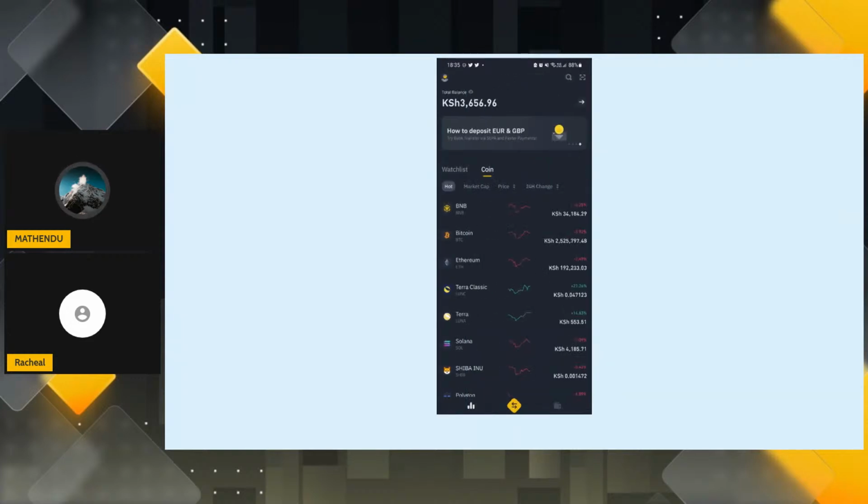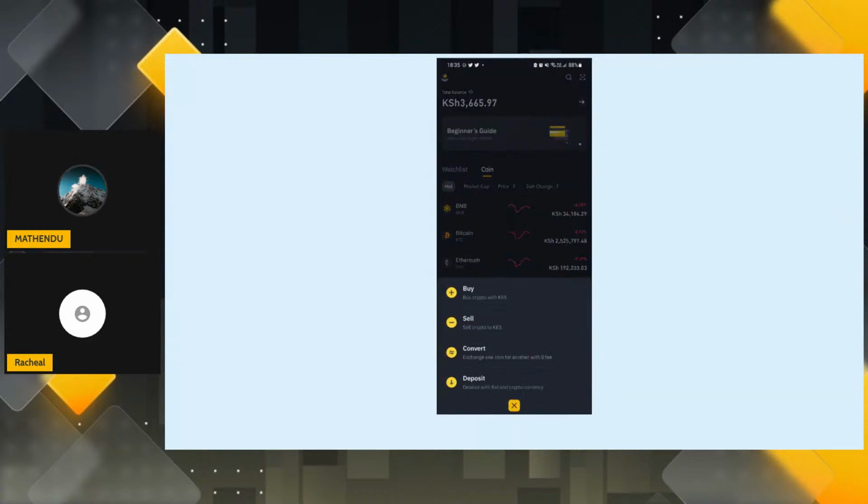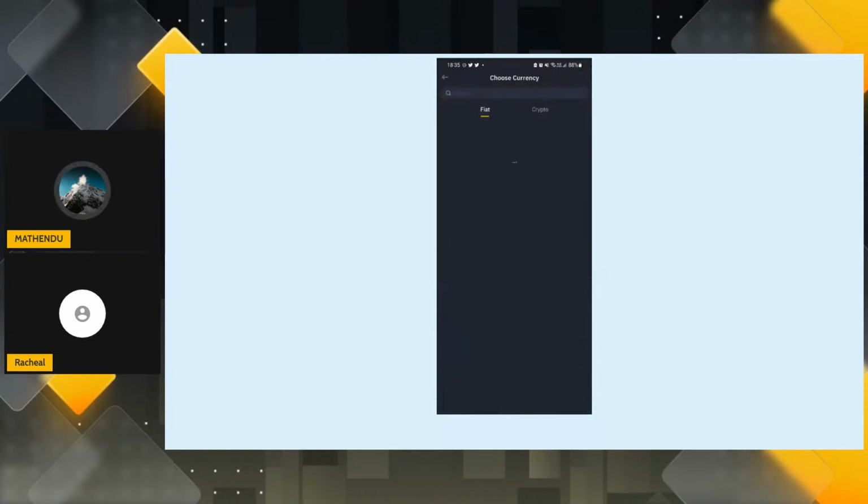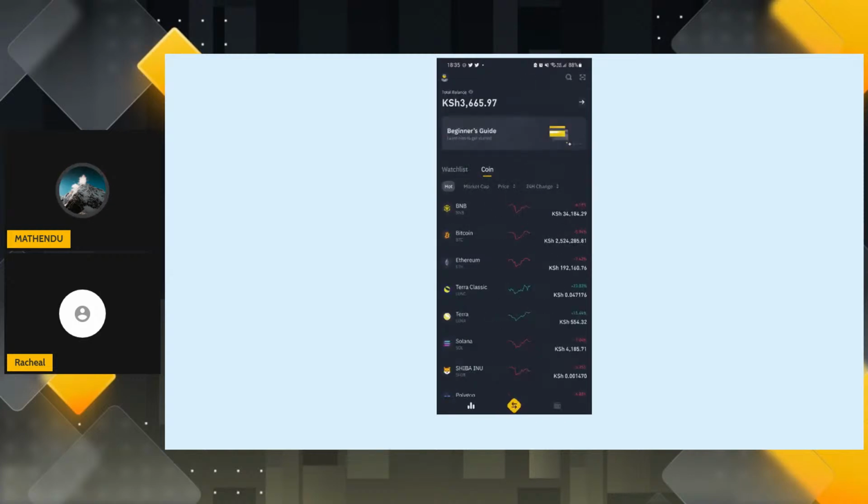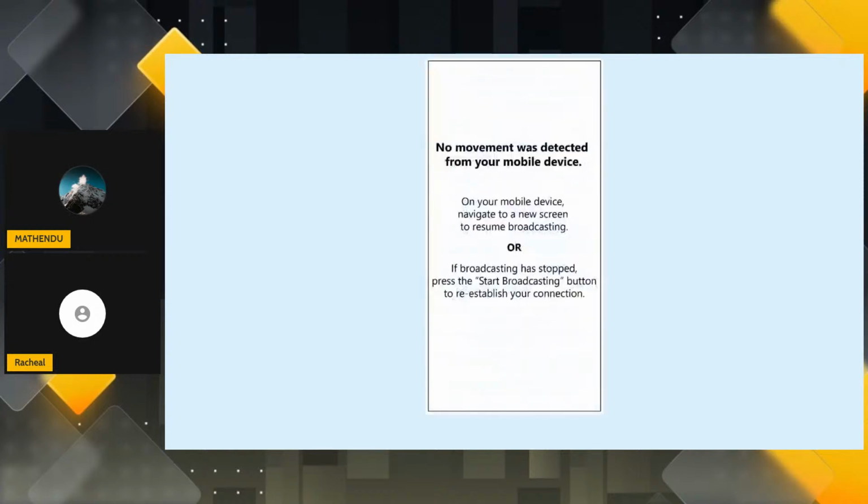Assuming you've bought, first of all, buying is done using this buy option, not through the deposit. I've seen a lot of people using the deposit option, but the deposit option is actually used only for crypto and sometimes fiat, but to a dollar account. In our regions, the deposit option doesn't work that well.